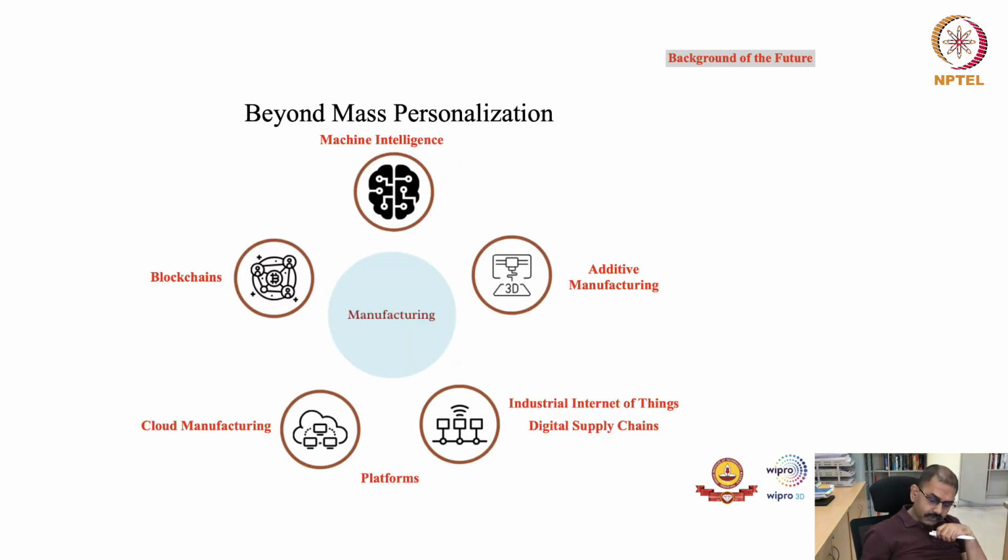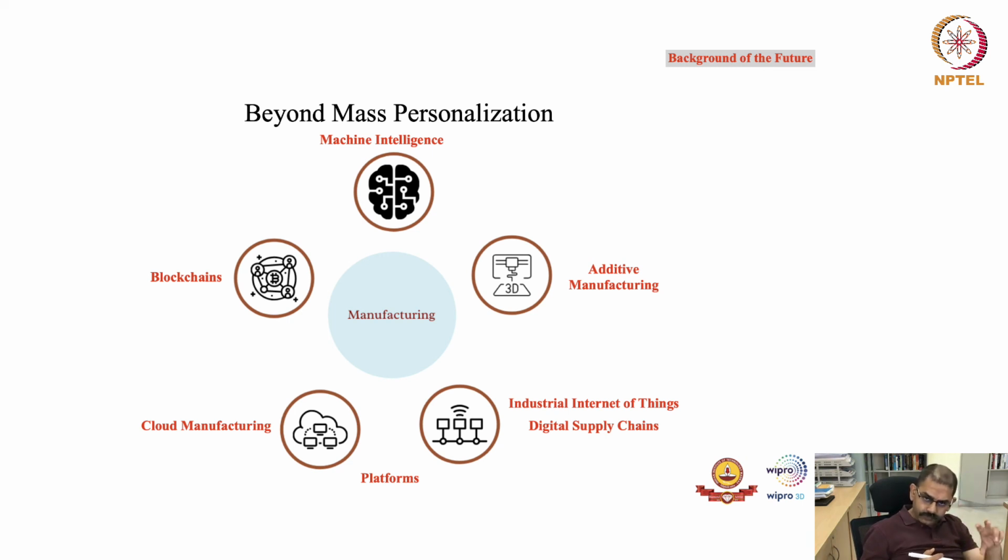Yeah, so I think this gives you some flavor of the different technologies. In this course, we may not be talking about all the technologies, right? But we may be talking about parts of machine intelligence, blockchain, additive manufacturing. I think we'll have a substantial part on that, because Dr. Chandrasekhar from Wipro would be emphasizing only additive manufacturing, right?